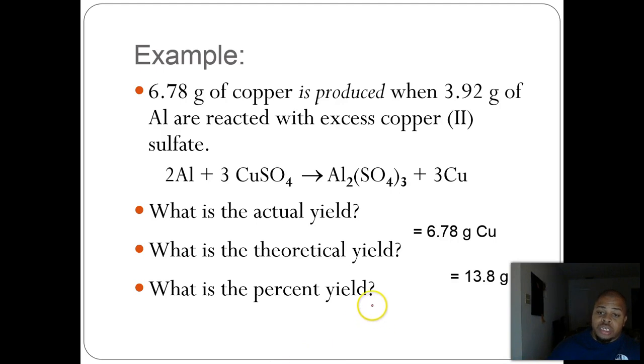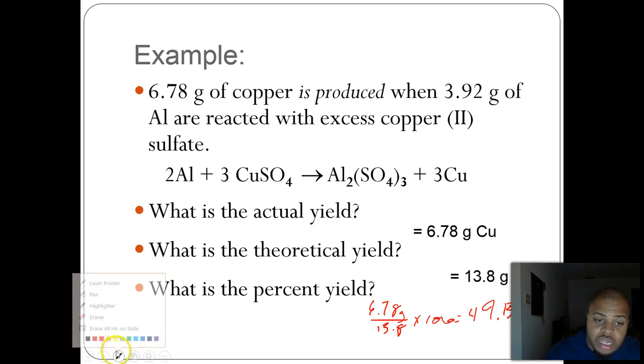So in this case, it's going to be 6.78 over 13.8 times 100. 6.78 divided by 13.8 times 100. And I came up with on my calculator approximately 49.13. Oops, sorry, my handwriting got a little outrageous there. Approximately 49%.